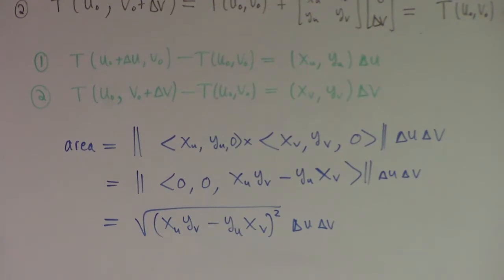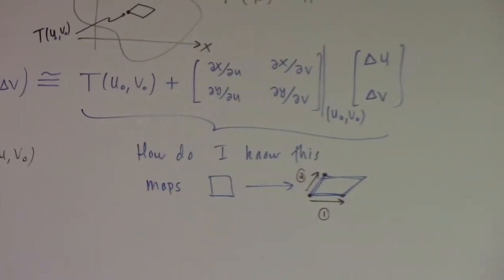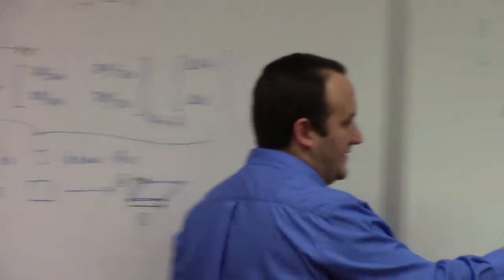So what I have shown you is that a transformation like this really does map, well, we're pretty close to having proved it. We've shown that a rectangle maps to a parallelogram, and the area scales by this factor right here.